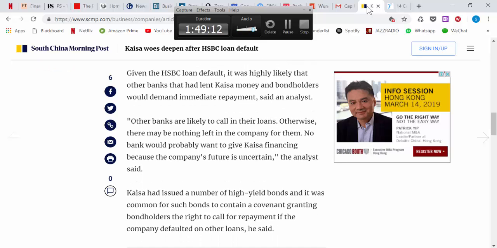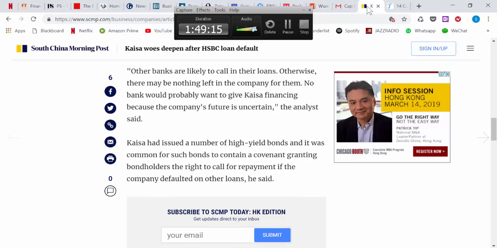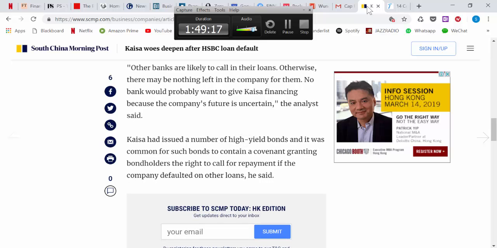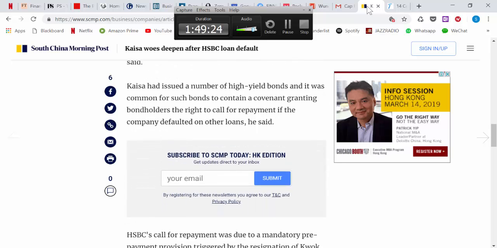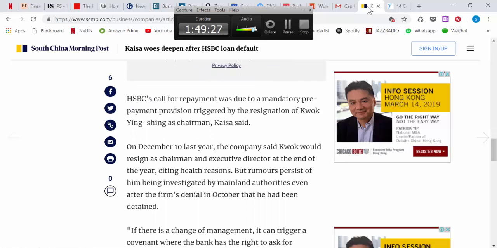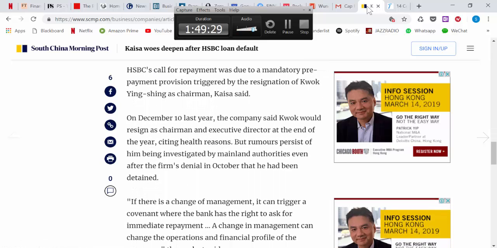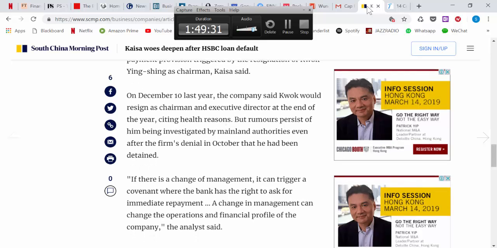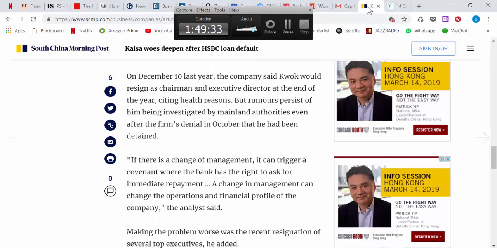You see, other banks are likely to call in their loans. That means ask for early repayment. Otherwise, there may be nothing left in the company for them. So this was a pretty famous, high-profile cross-default case. Here you go. Have you heard of this company? So December last year, the company had Kwok resigned as chairman and executive director at the end of the year for health reasons.